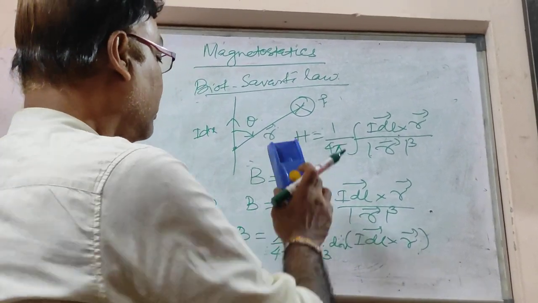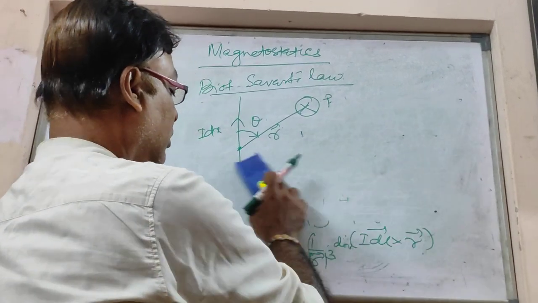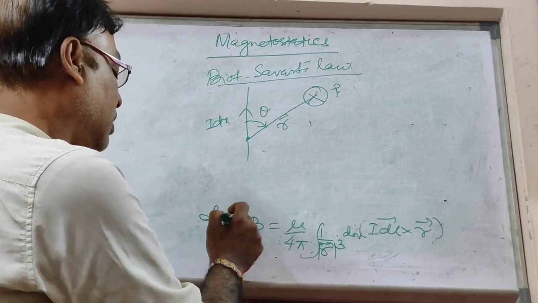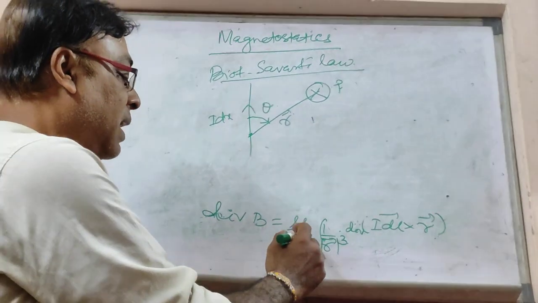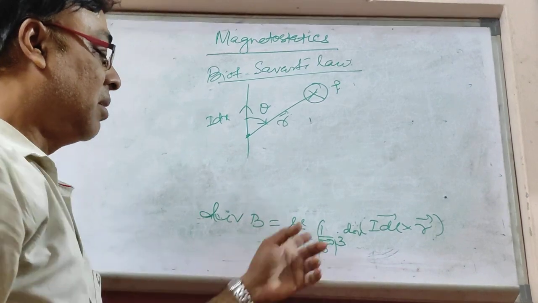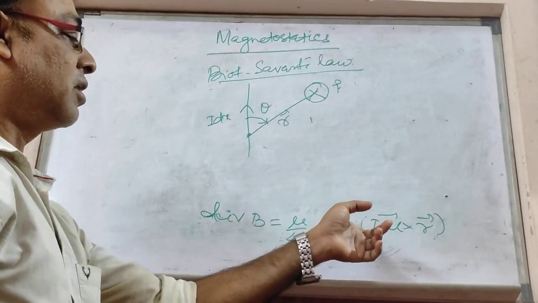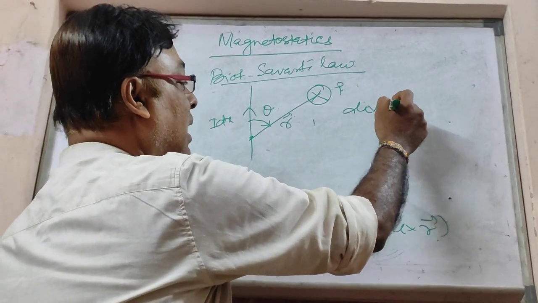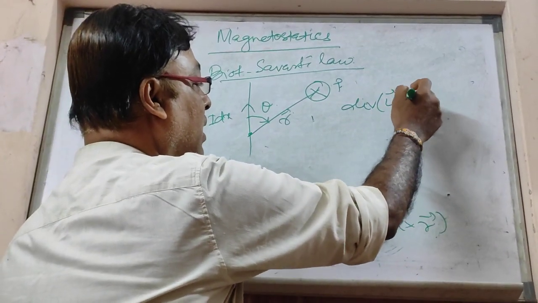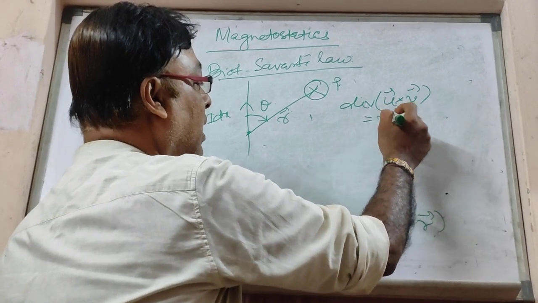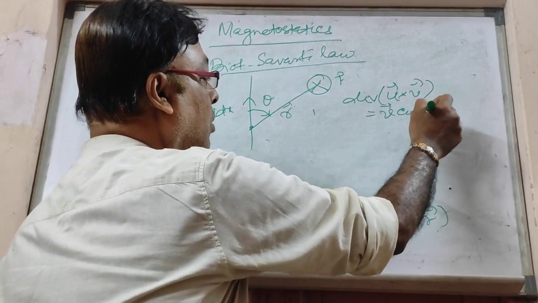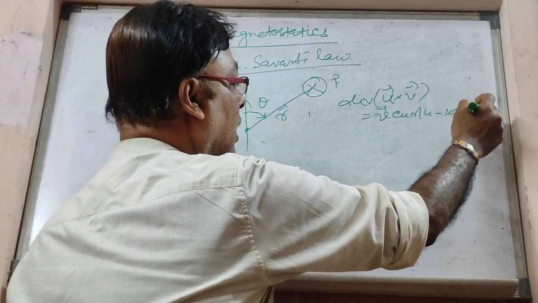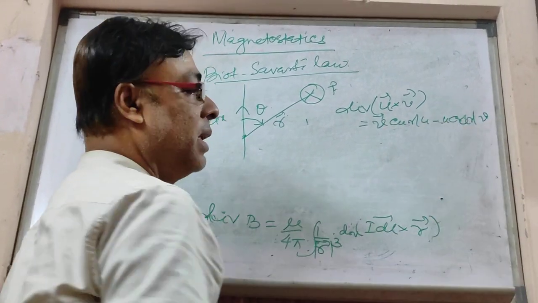So this is the equation: divergence of B is equal to mu by 4 pi integral of 1 by R vector magnitude cube divergence of Idl cross R. Now we know from the basics of vector calculus that divergence of U cross V is equal to V dot curl U minus U dot curl V. All these are vectors.